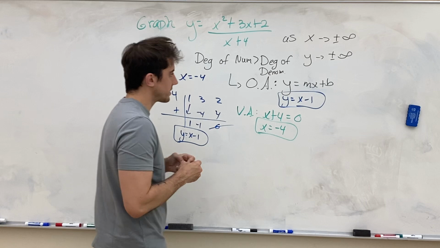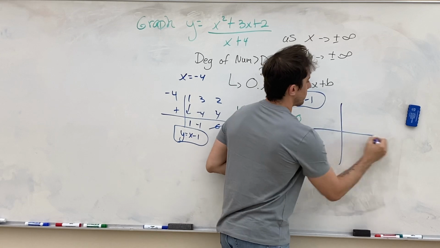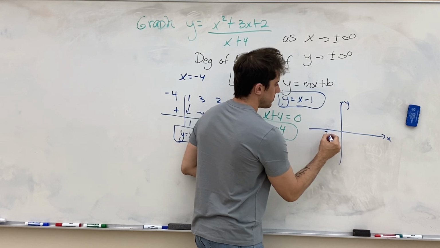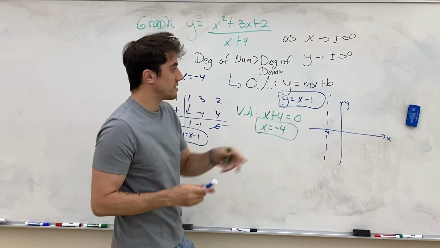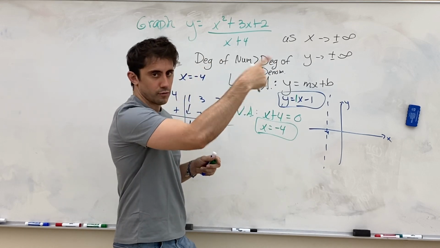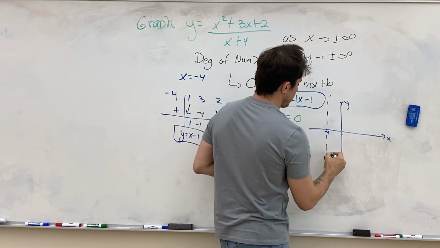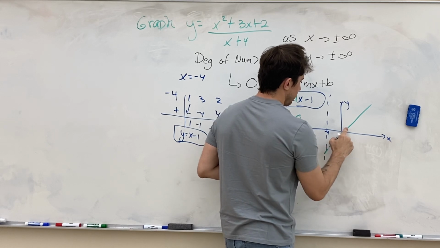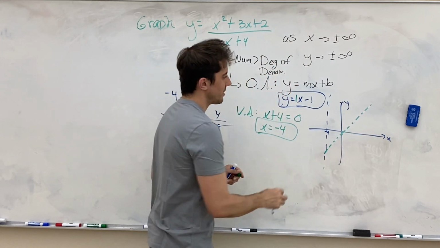So now we can start to sketch our rational function, because we know we have a vertical asymptote at -4, something like that. We have an oblique asymptote along the line y is equal to x minus 1, right? That's a line with a slope of 1, over 1, up 1, over 1, up 1, and so on, and a y-intercept at -1. So maybe something like this, right? Or rather, I should probably dot that to make it look like an asymptote, right?